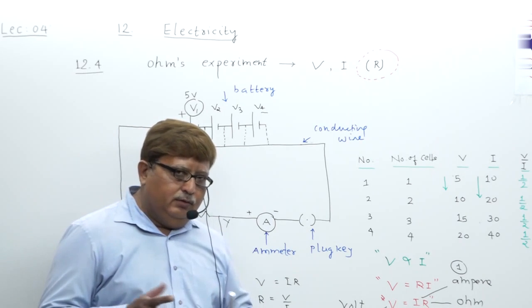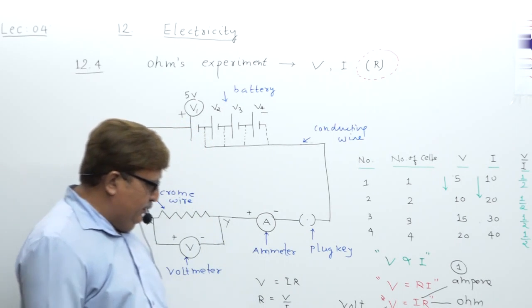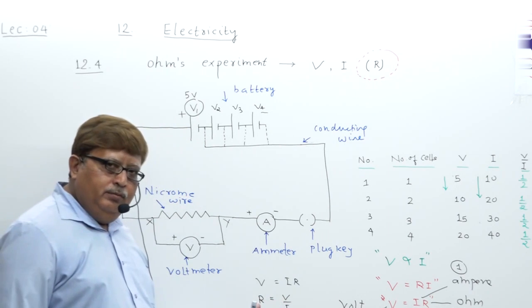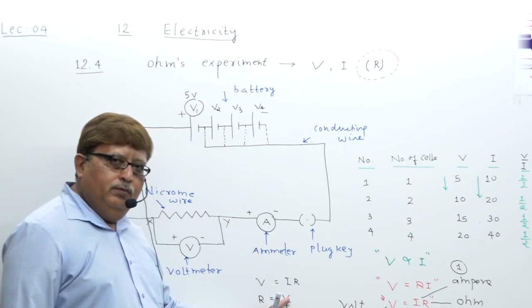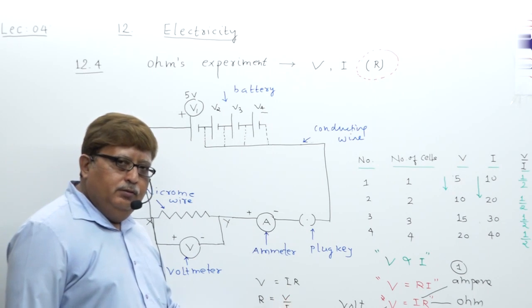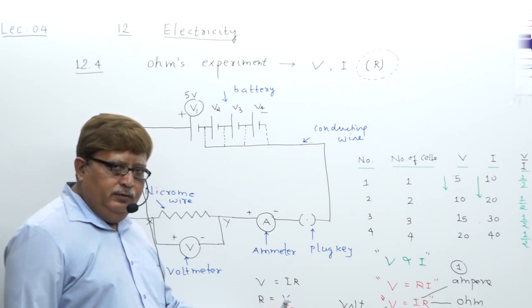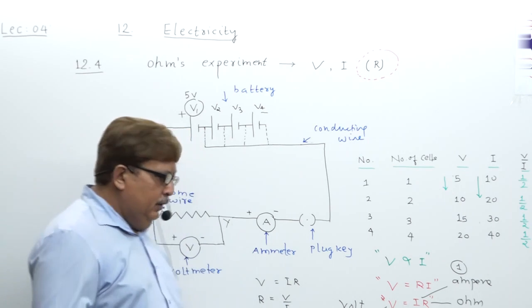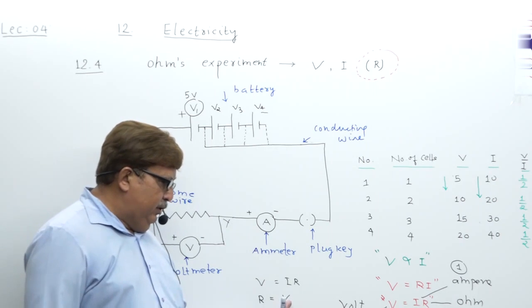How to start defining it? See, 1 ohm, 1 volt, 1 ampere, everything is 1. But for the definition of 1 ohm, how can you start from here?